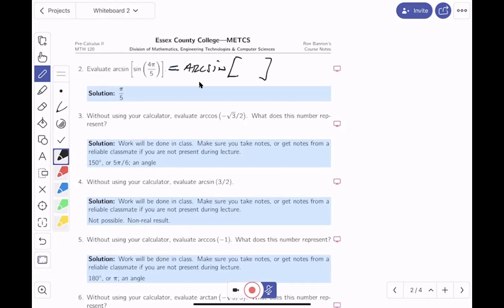So let me just remind you, 4 pi over 5 times 180 degrees over pi. Well, that goes in, pi divided by pi is 1. And let's see. I guess I got to do some arithmetic here, don't I? And what do you get over there? You get what? 5 into 180. I'll write that down for you. Let's see.